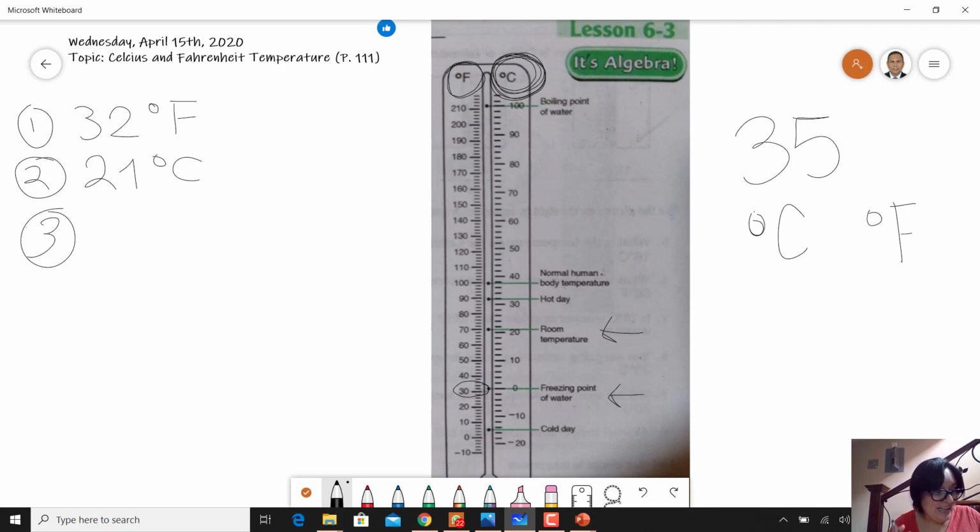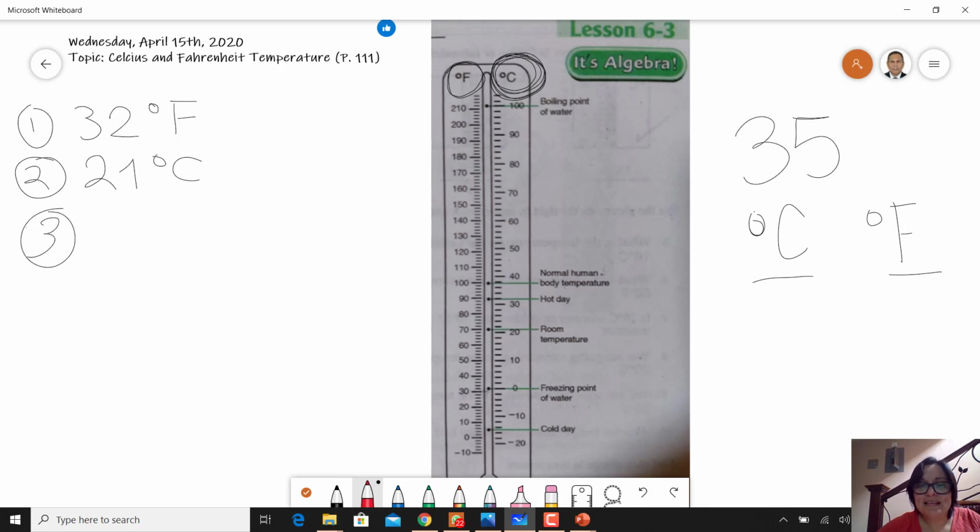Because it says you are wearing a winter coat. That means that the day is hot or cold? It's cold, right? So which one of these is cold? 35 Celsius degrees or 35 Fahrenheit degrees? Let's see the picture here.